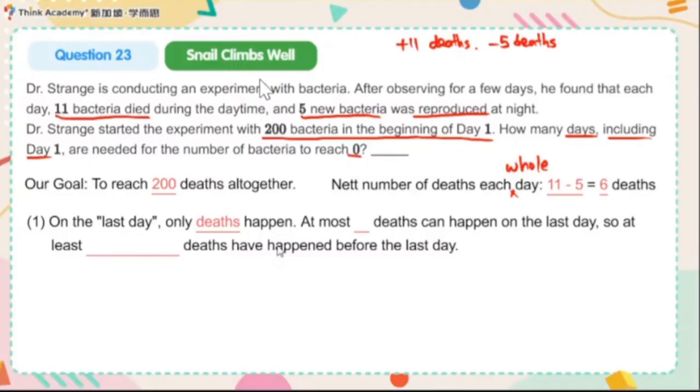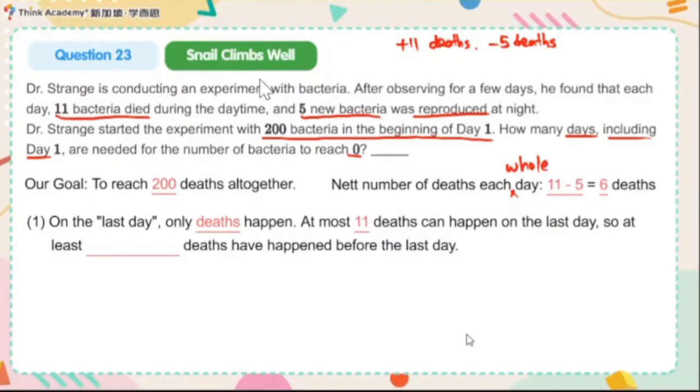On the last day, only deaths have happened. Let's think about it: on the last day, how many deaths can I increase at most? Just like thinking about how many meters the snail can climb at most on the last day. You look at the increase. I can increase 11 at most, so at most 11 deaths can happen on the last day.